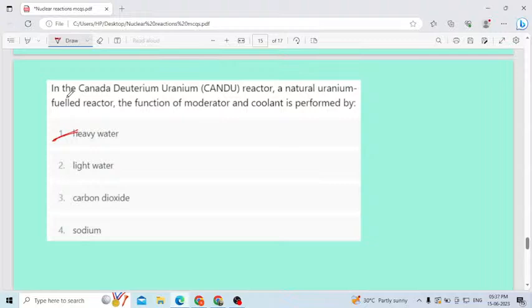Both moderator and coolant functions are performed by heavy water.